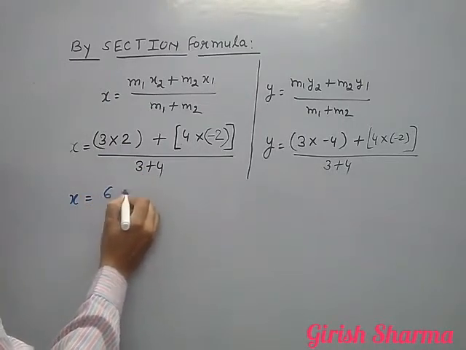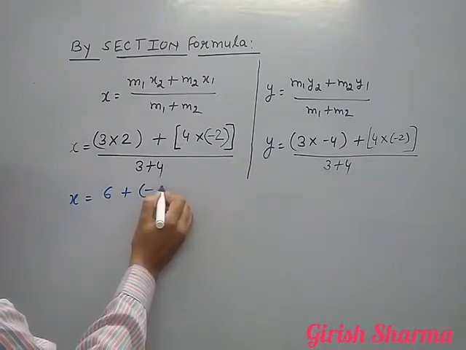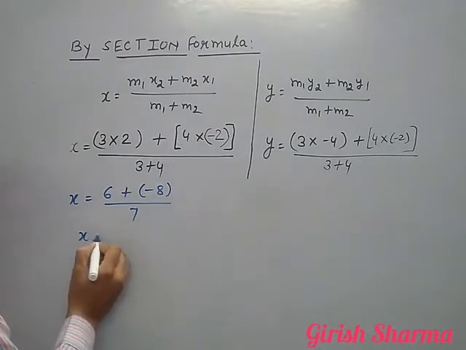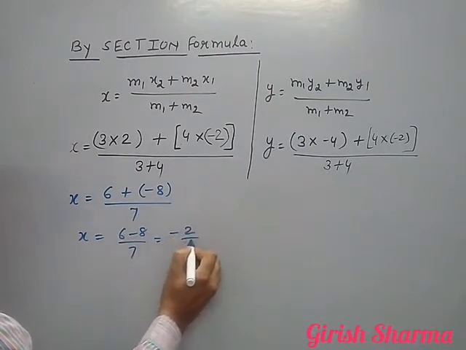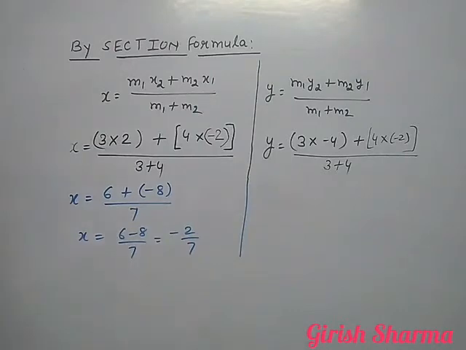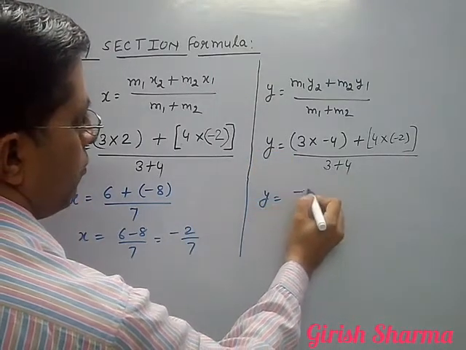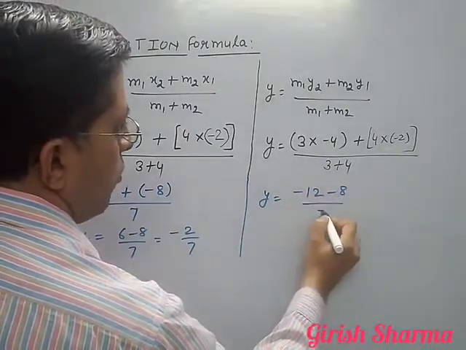All values if I put it, then what will we see here? 3 2s are 6, 4 2s are 8. Here it is minus 2, then minus 8 will come upon 7. So 6 minus 8 upon 7 is minus 2 upon 7. Okay, if I solve y, minus 12, this is minus 8 upon 7.